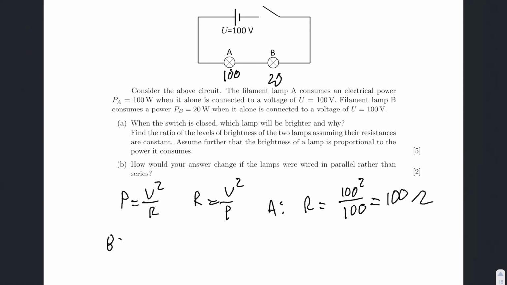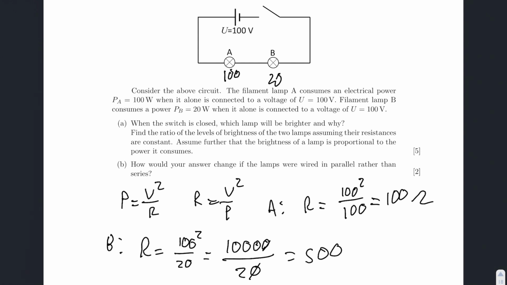For lamp B, R equals 100 squared over 20, which is 100 times 100 over 20, which equals half a thousand, which is 500 ohms.